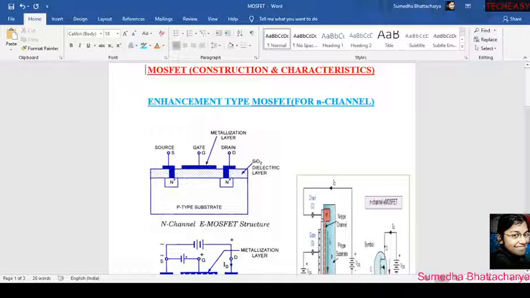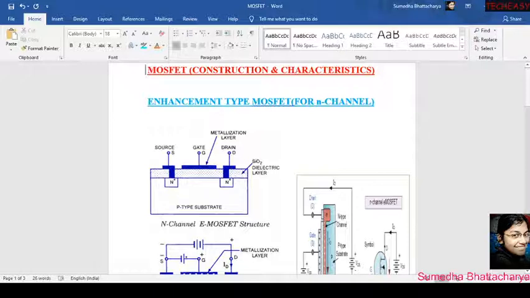Today we will discuss only one type of MOSFET, because MOSFET has two types. One type is enhancement type MOSFET and the second type is depletion type MOSFET. These two types of MOSFET also have two types each.